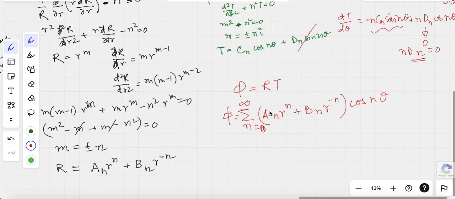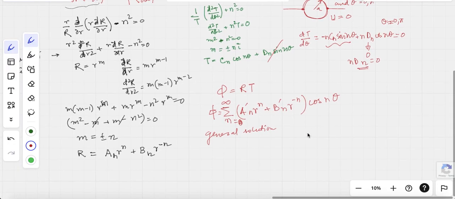It's an or an dashed. Okay. So this is the phi for the particular. This is the general solution.